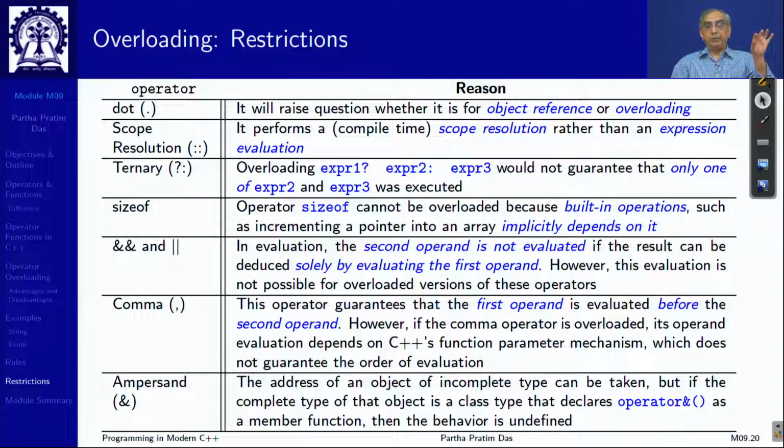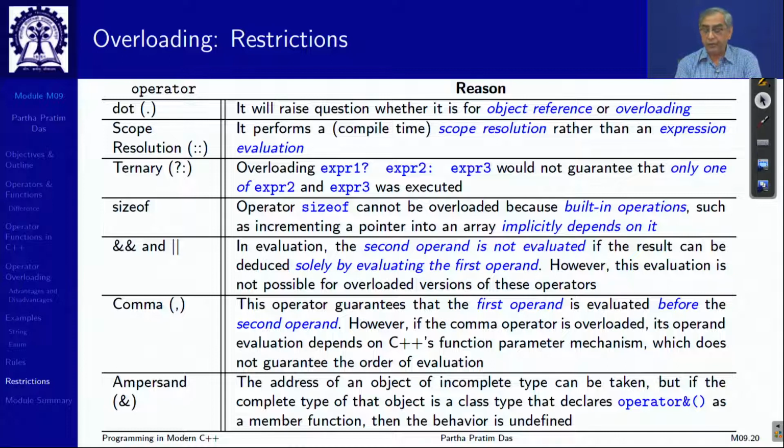If expression 1 is true, expression 2 is evaluated, 3 is kept. If expression 1 is false, expression 3 is evaluated, 2 is kept. So, only one of expression 2 and 3 is to be evaluated. This basic property cannot be maintained if the user redefines that operator. So, it has not been given to be redefined.